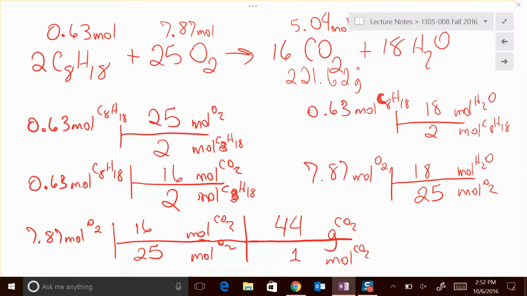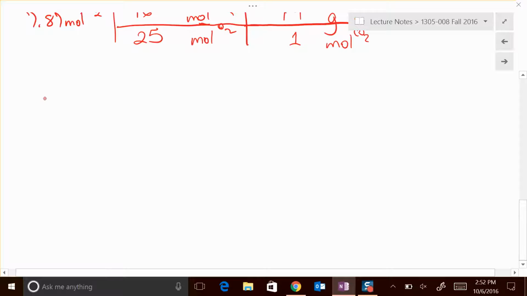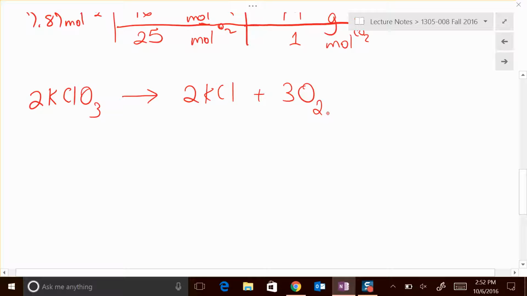Okay? All right. So, let's do a different question. So let's try another reaction here. Okay? 2 KClO3 produces 2 KCl plus 3 O2. Okay?